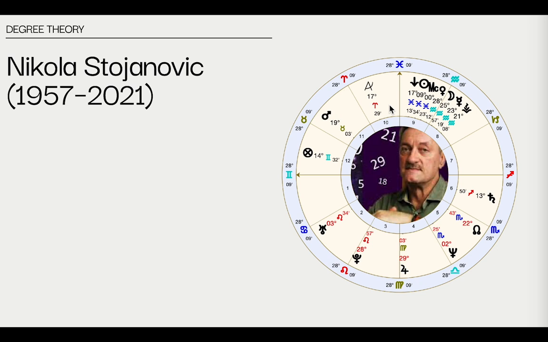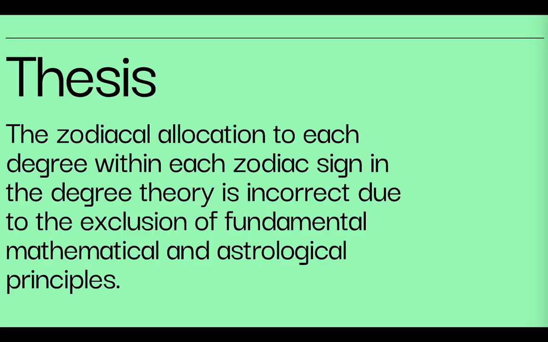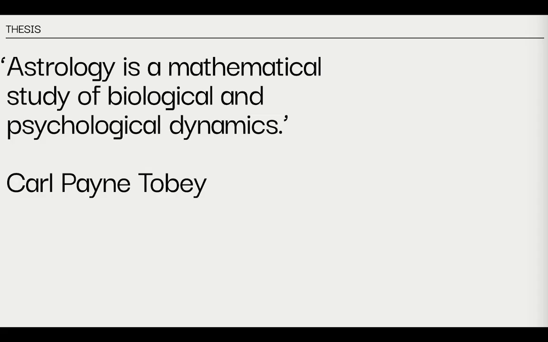So in general, my issue with the degree theory is that the zodiacal allocation to each degree within each zodiac sign is incorrect due to the exclusion of fundamental mathematical and astrological principles. So why am I bringing math into the equation?